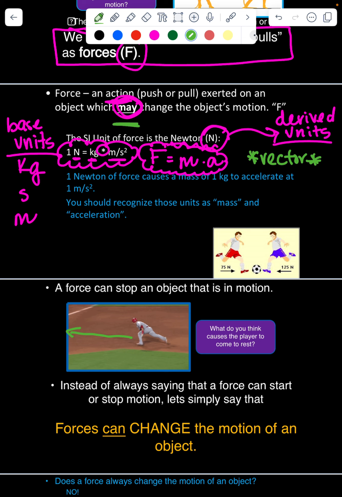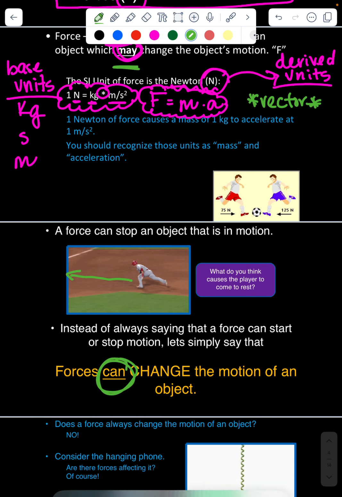No, he is eventually going to come to a stop. Now, hopefully you already know that it is friction that's going to cause him to come to a stop. All right, and that friction is a force. All right, so these forces can change the motion of an object, but it doesn't always have to.